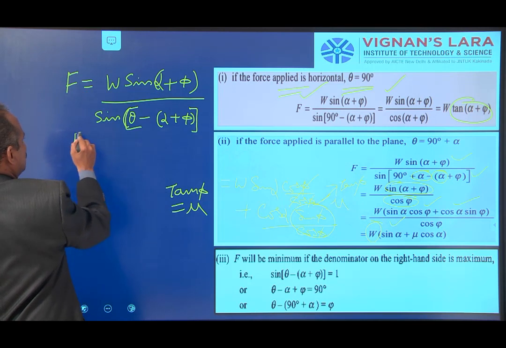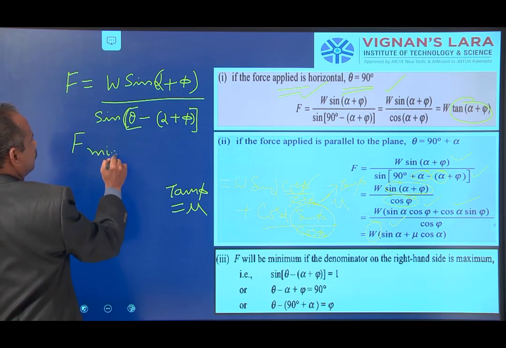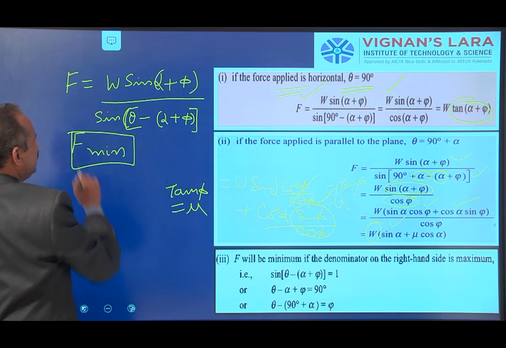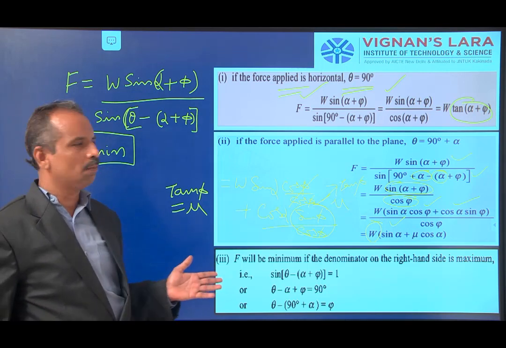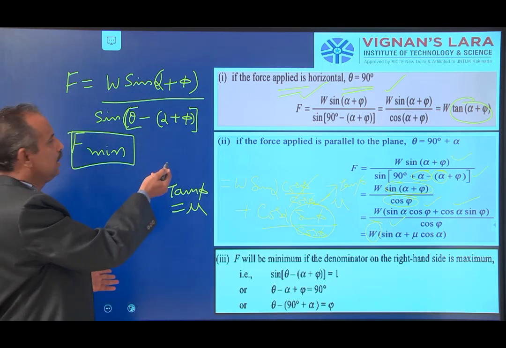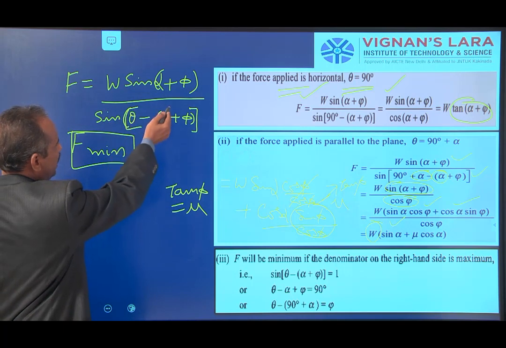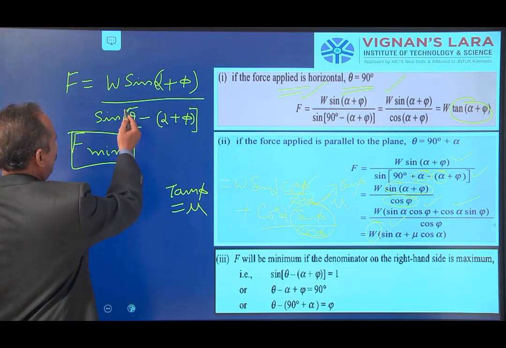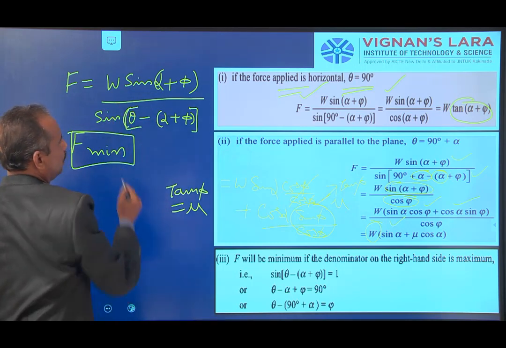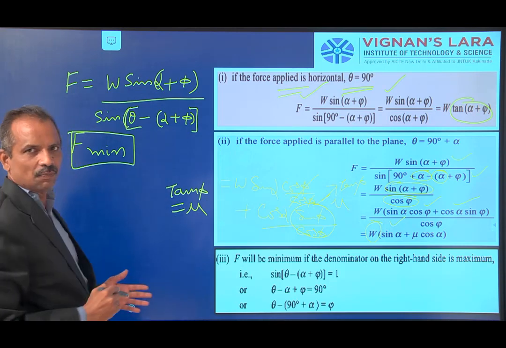What is my objective? My objective is that this F should be minimum. When will this left hand side become minimum? When my right hand side denominator is maximum, then my F value will be minimum.